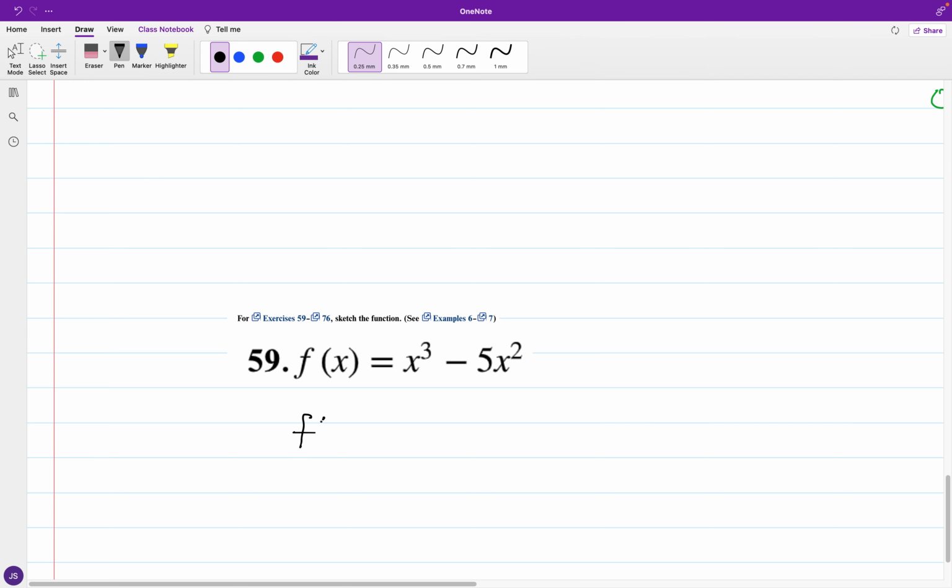So we are transitioning from the expanded to the factored form. For x cubed minus 5x squared, the greatest common factor is x squared. Upon factoring out x squared, we have times the quantity x minus 5.